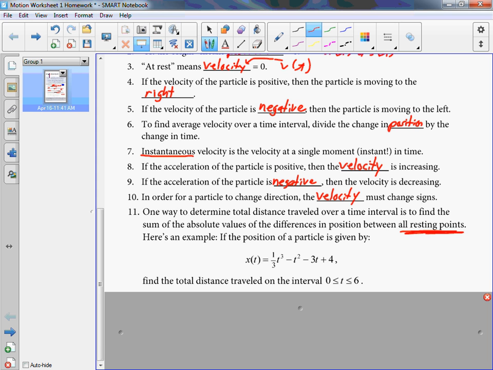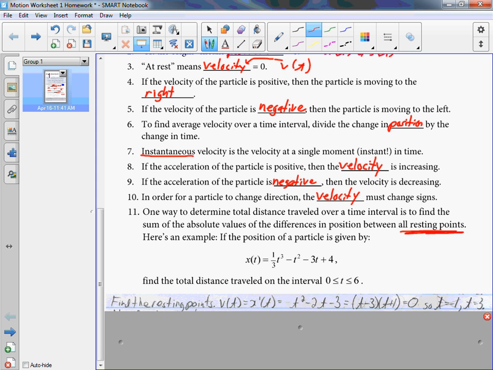Okay? So, here we go. Find the resting points where the velocity, which is x prime of t, and I wrote sideways just to make it fit on my paper because I was at the bottom of the page. As you know, I usually go down the paper, and you can too if you've got room.